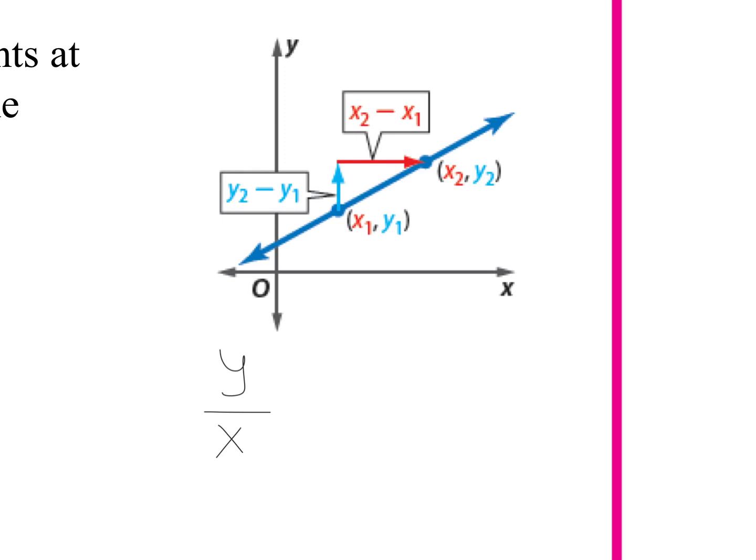Now, is y going up and down or left to right? It's going up and down, but we can also say it's rising. So that's our rise. Y is our rise. X is going left to right. We're going to call that our run. So slope is rise over run.